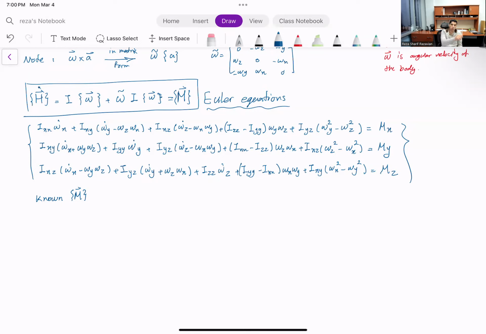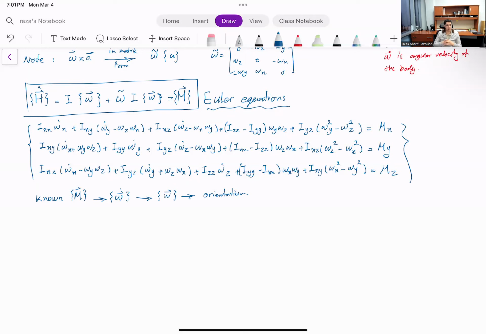So you can go from moments to accelerations to velocities to orientation in 3D, and see how your body will rotate in space.